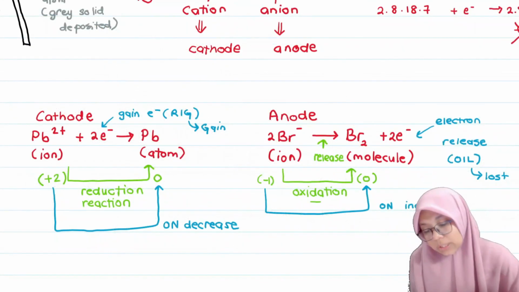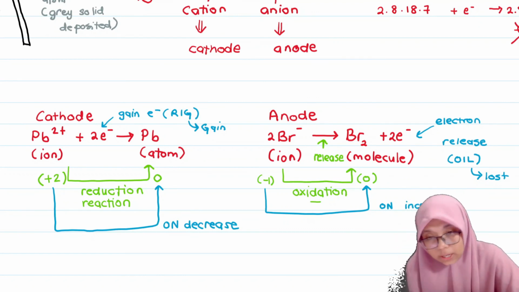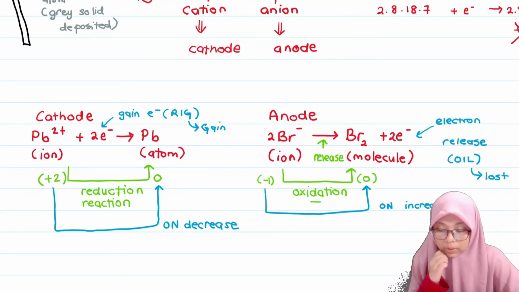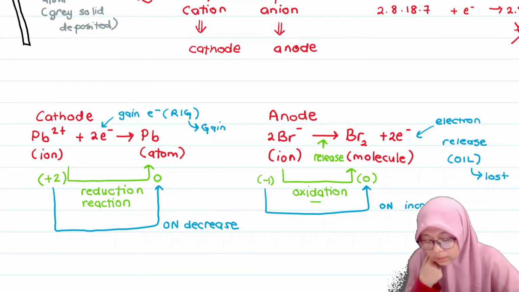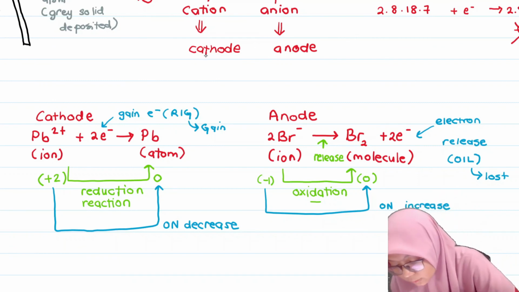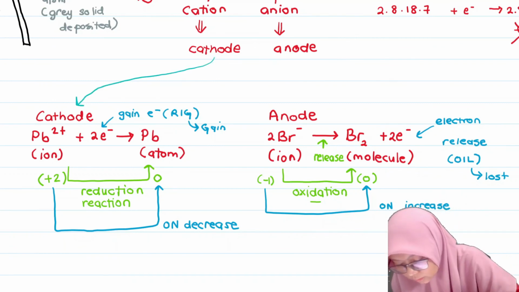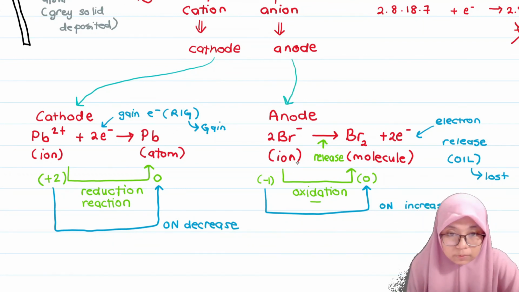For a conclusion, in an electrolytic cell of a molten compound, you only have 2 ions, one cation and one anion. The cation will be attracted to the cathode and the anion will be attracted to the anode. So this is the half equation that we can see at the cathode, and this is the half equation that you will see at the anode. You write down the half equation.